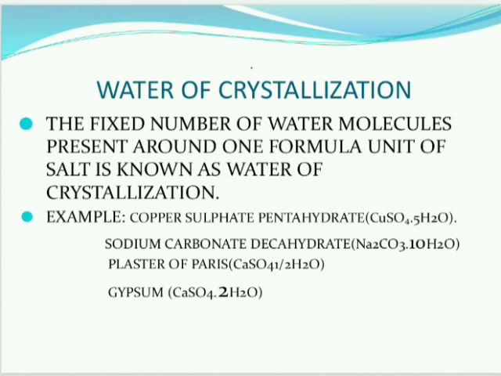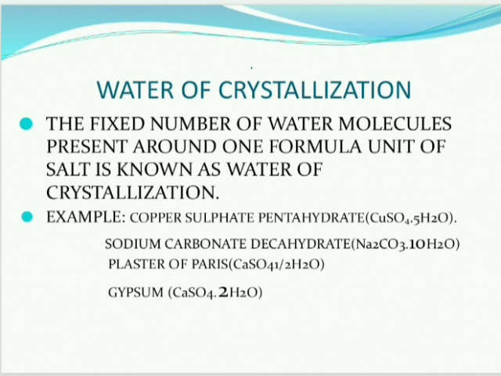Next, now let us see what is water of crystallization. See, water of crystallization is a fixed number of water molecules present around one formula unit of a salt. That means if there is one formula unit of salt, a particular number of water molecules will be surrounding it. That particular number of water molecules is known as water of crystallization.